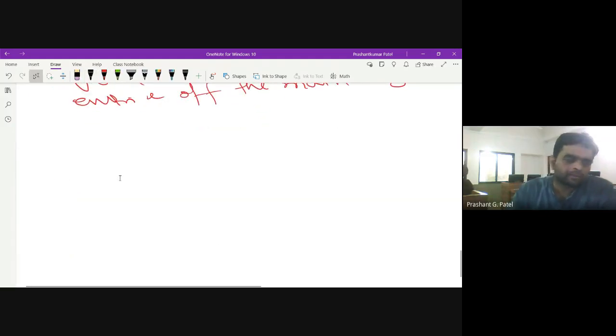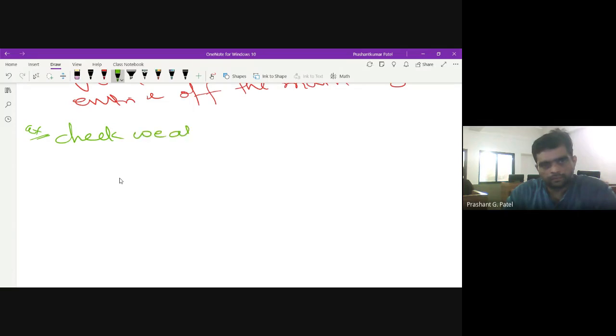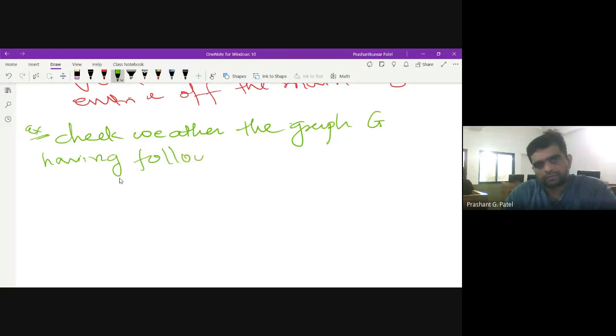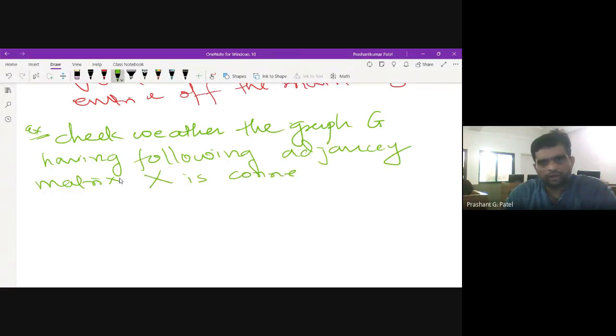So I am taking this example. Check whether the graph G having the following adjacency matrix X is connected or not.